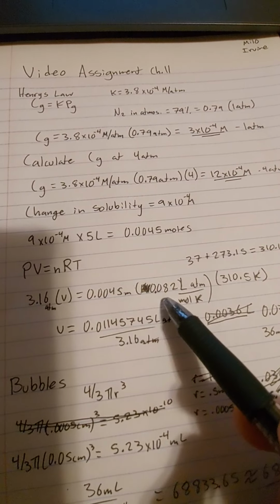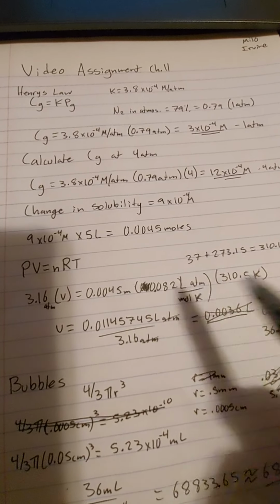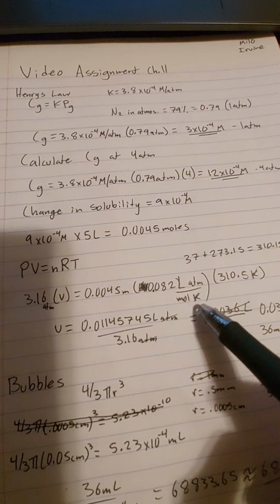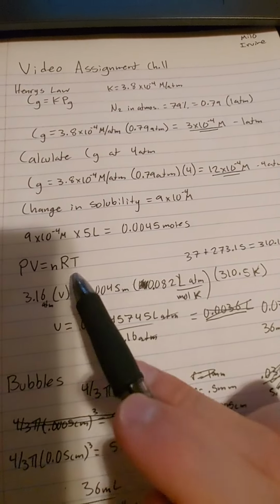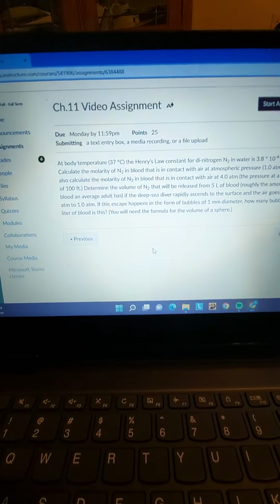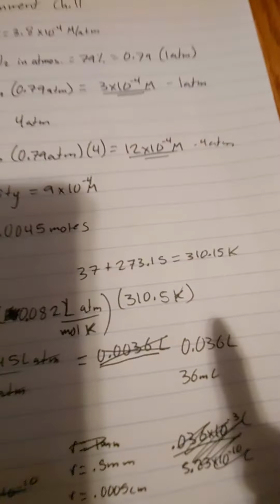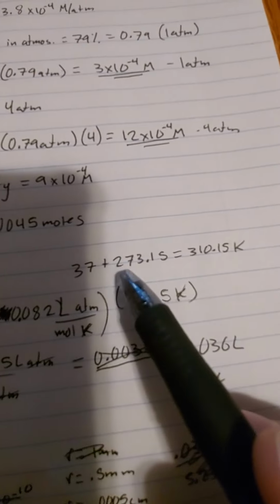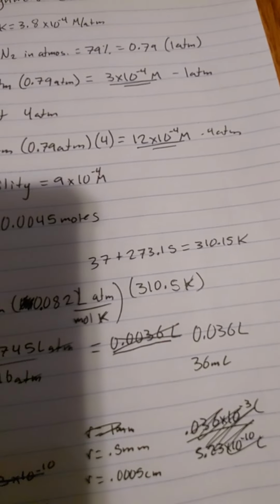So you want to make sure you use this one because it has atmospheres in the units. But if you do pick that one, it also has Kelvin in the units. So you need to make sure your temperature is in Kelvin. The temperature it gives us is 37 Celsius, but you need to convert that into Kelvin by adding 273.15.